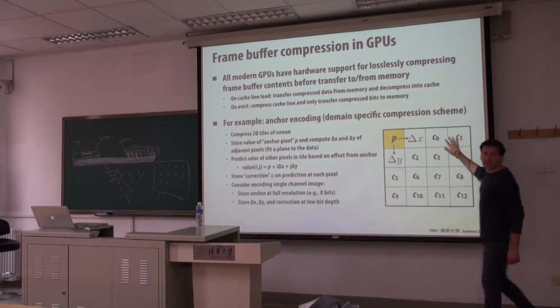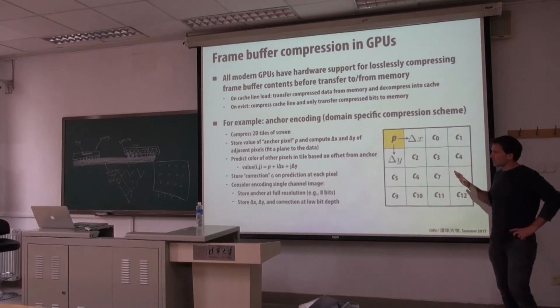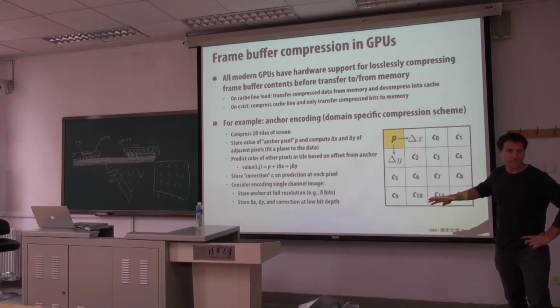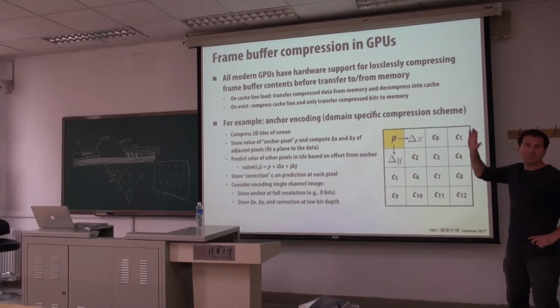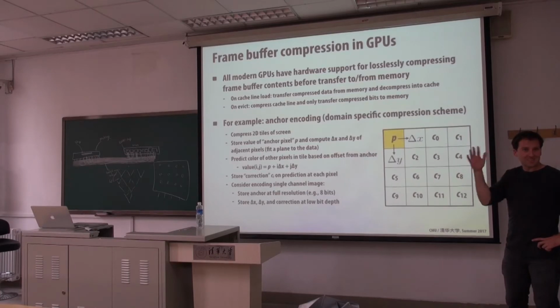So they look at all the values, and they say, if I look at the world, there are a lot of similar values if it's close to each other in X. Or a lot of similar values if it's close to each other in Y. And in fact, most of the world came from geometry that were planes. So let's just assume that these 16 pixels came from a plane.